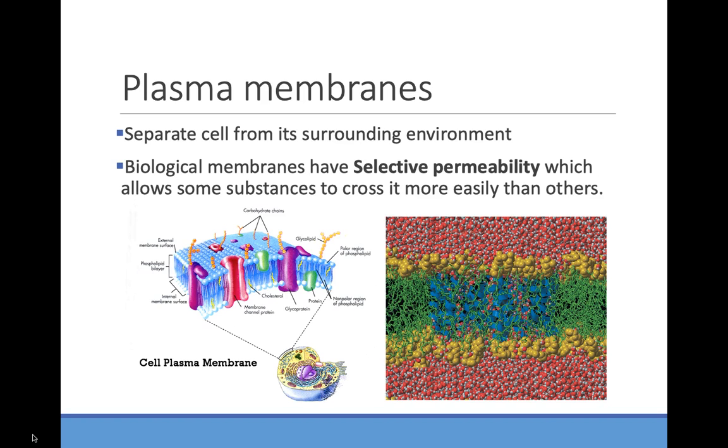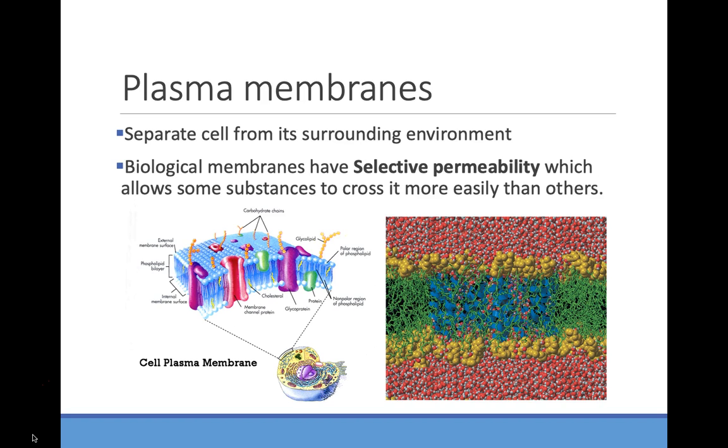Membranes are considered a mosaic, so they're made up of a lot of different components. If you look at the very first picture in your textbook, there's a really detailed image of a plasma membrane. And I put different pictures here just to show you some of the different ways that it's represented and some of the different types of things that are present in the membrane.